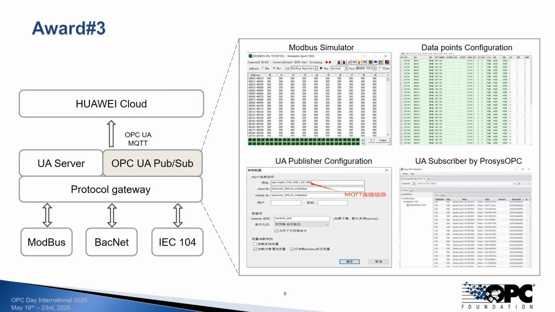Once the configuration is done and downloaded to the gateway, the backend program will start communication with the Modbus simulator and publish OPC UA payload to Huawei Cloud. Finally, to visualize the data published to the cloud, OPC UA monitor from HollySys OPC is utilized.